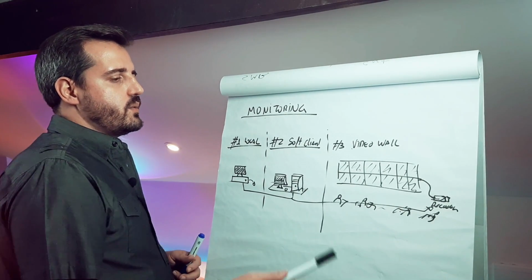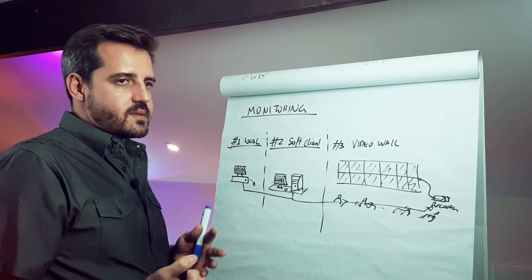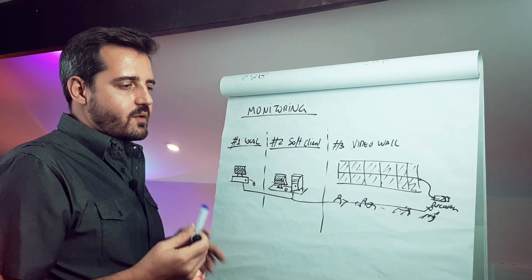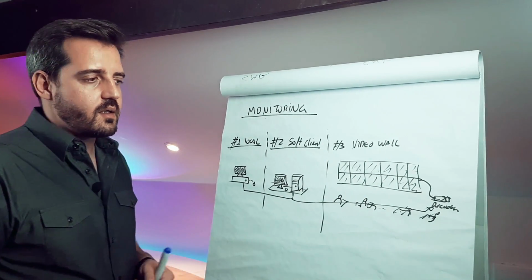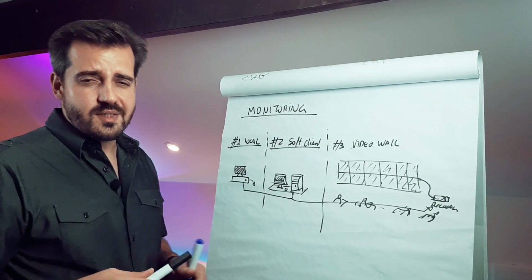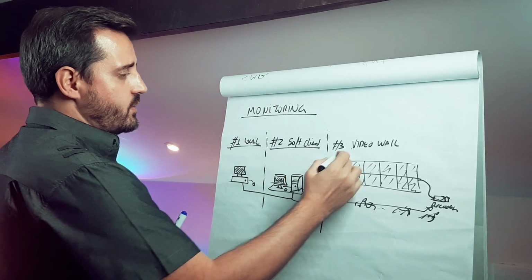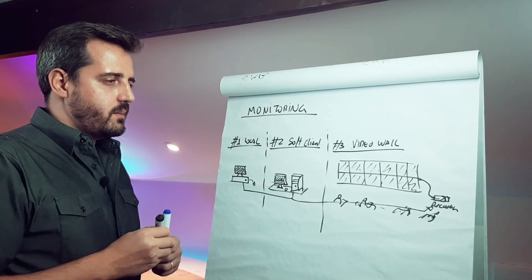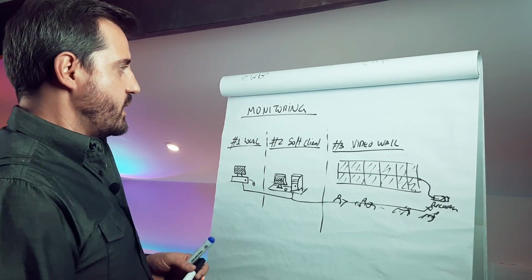So the video wall will help the entire team to act as a group, or basically to show critical and important feeds that need to be constantly monitored. So this will vary depending on how each monitoring company does their work, but it's a type of monitoring that we can have as well.